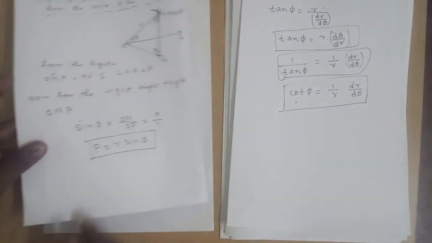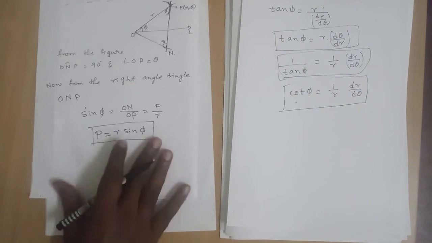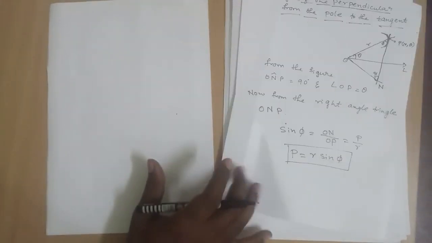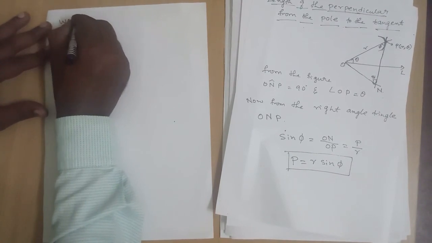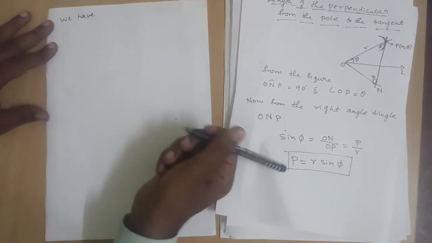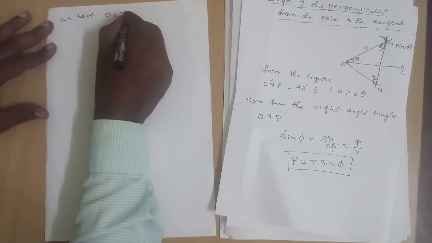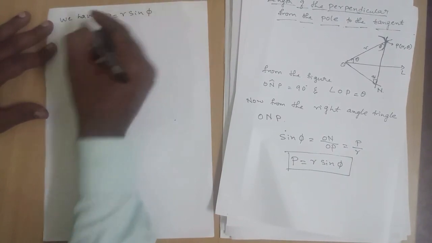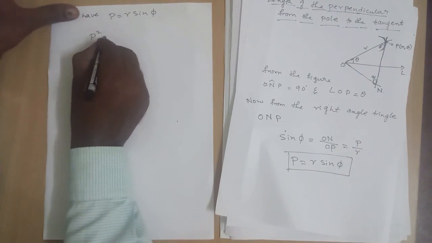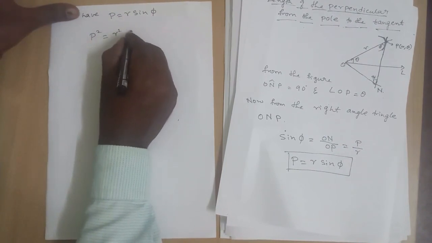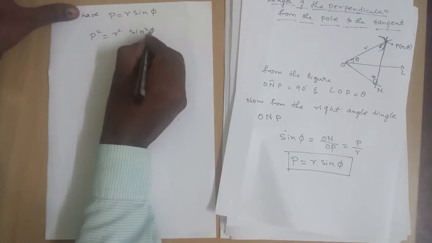So what you get, p is equal to r sin phi, right? If you square on both sides, what do you get here, p square is equal to r square into sin square phi.